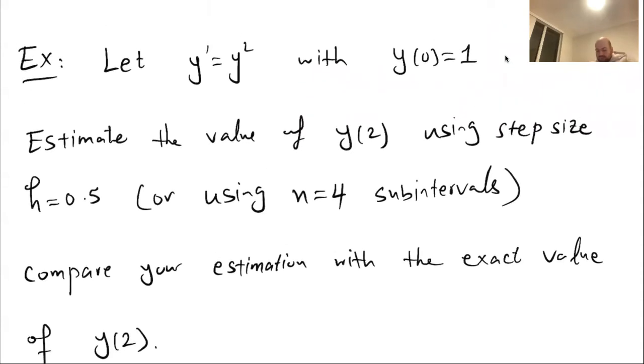Okay, so if the step size was not given and n was given, we could still easily find the step size. Step size is the difference between x1 and x naught divided by n. So 2 minus 0 divided by 4 is 0.5. So in the exam, I could give you h, or equivalently, I can give you n. Doesn't matter. If I give you n, you can still find h.